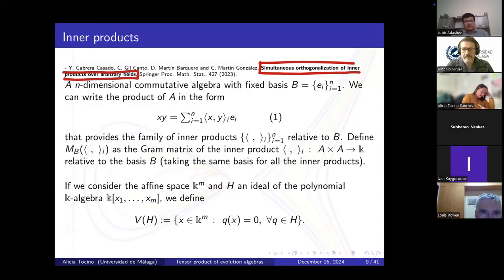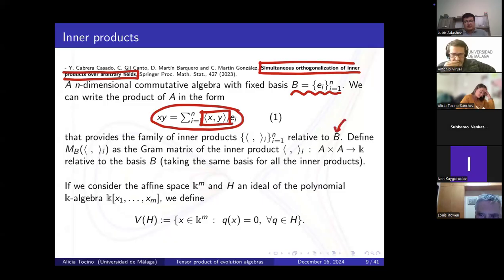If we have an n-dimensional commutative algebra with basis B, we can write this product of two elements of A, and this provides the family of inner products relative to the basis B. So from these inner products, we can define the Gram matrix of these inner products, also relative to the basis B. And since we are going to define a lot of matrices, we are going to take the same basis for all these inner products.